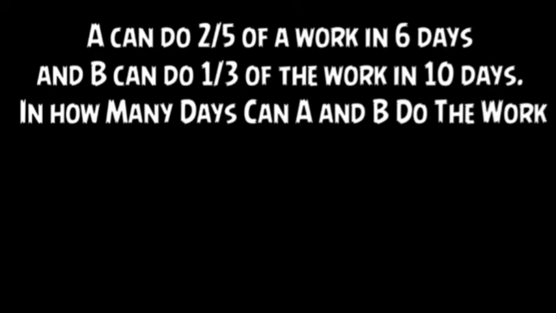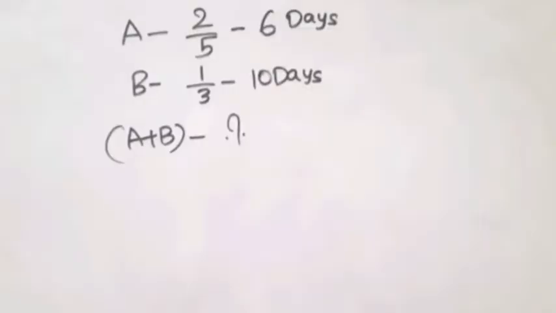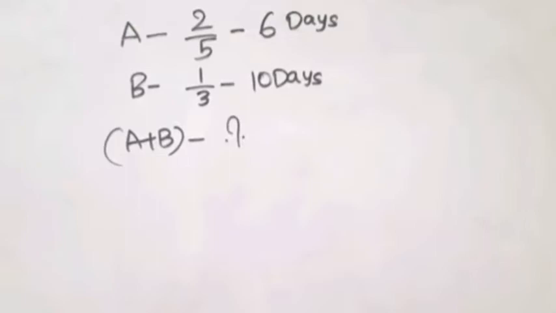So he is asking simply in how many days A and B can do the work. So simply apply the same logic we used previously. It's very easy to find the solution, but something is tricky here, that is, they gave 2 parts of work is 6 days and 5 parts is going to be 15 for A, and for B 1 part is 10 and 3 parts is going to be 30.